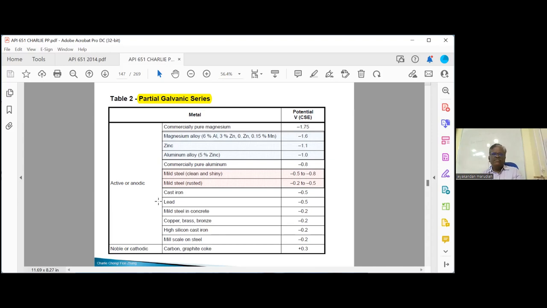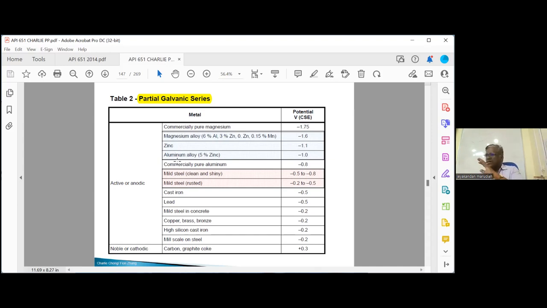If we take steel, the materials above steel are more corrosive. What are the materials above steel in the list? Aluminium, aluminum alloys, zinc, magnesium. So aluminum, zinc, magnesium, these three are anodic to the steel. That means they will corrode more than steel. If you want to provide sacrificial anode cathodic protection, you have to use any one of these three.